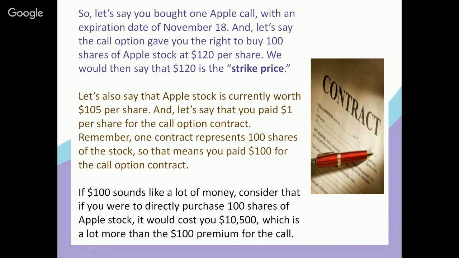So if you bought 100 shares at $105 each, it would cost you $10,500, which is a lot more money than the $100 premium for the call. So if you think paying for an option contract is expensive, it's very little compared to buying stock. Buying 100 shares of stock would cost you a lot more than buying one option contract.